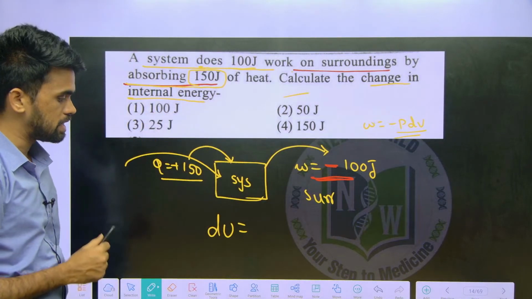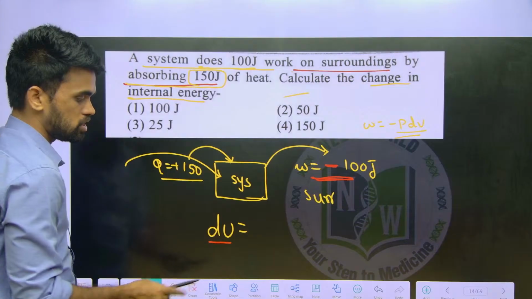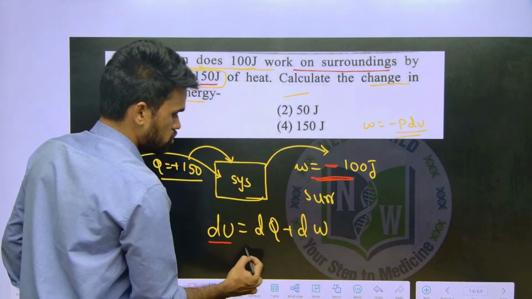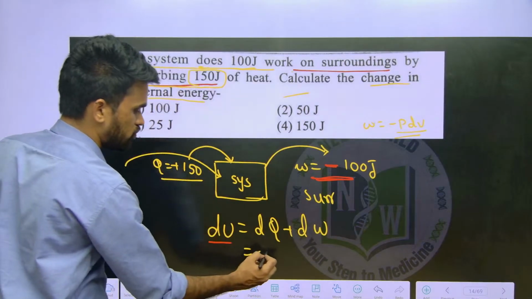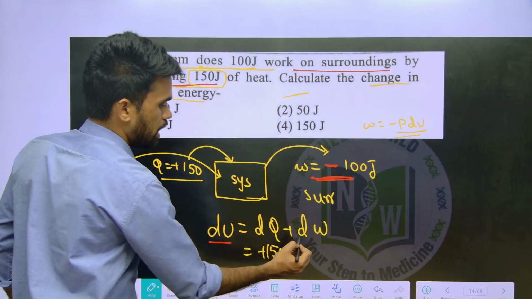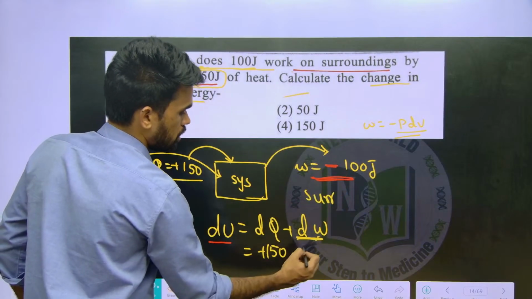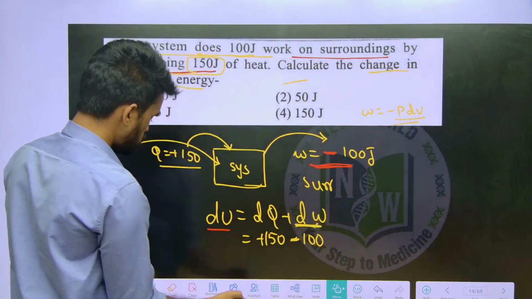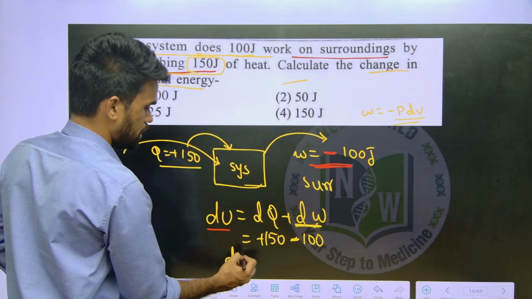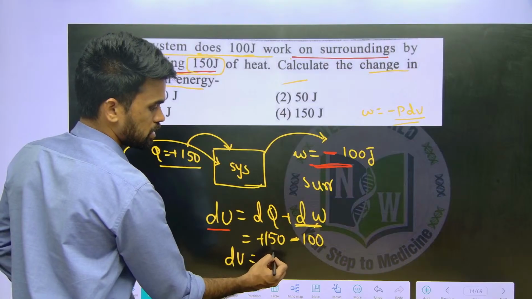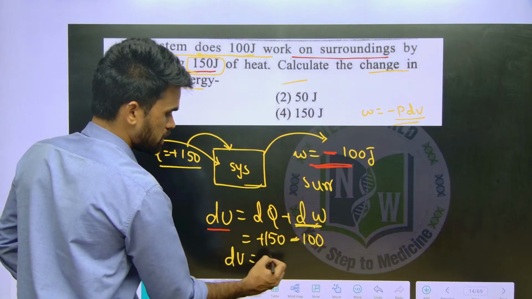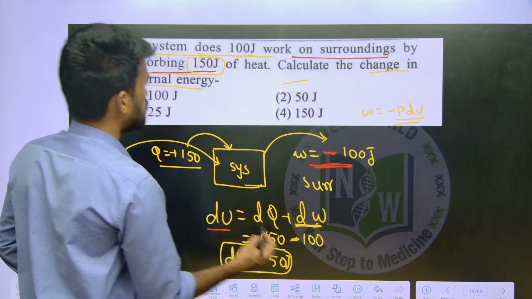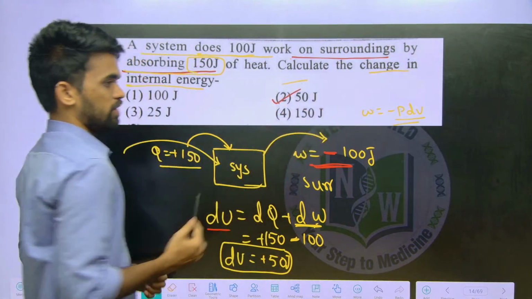So change in internal energy is equals to dq plus dw. dq is how much we got? Plus 150. And how much work is it doing? 100. That is work done by the system, that's why this negative. So finally, what is the internal energy change? 150 plus minus 100, so that is plus 50. So this could be your final answer, 50 joules. So our second option will be perfect.